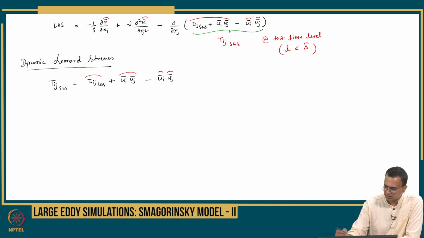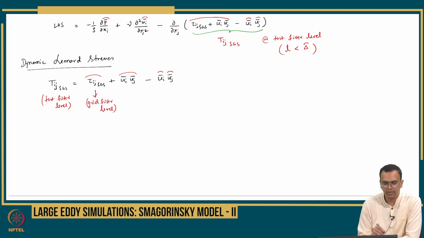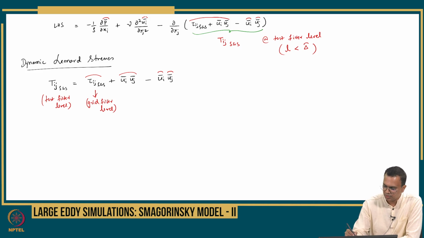So this is again at the test filter level. This particular term is at the grid filter level. So if I subtract one from the other, I will get the intermediate part. That is what is called the dynamic Leonard stresses.